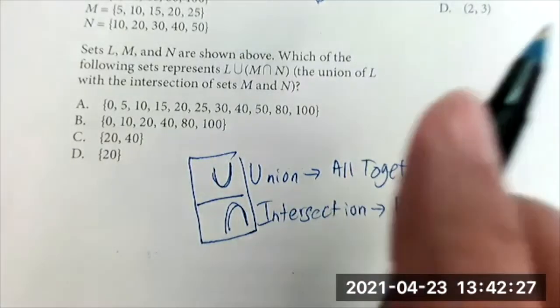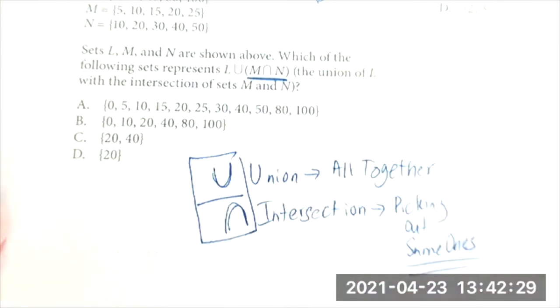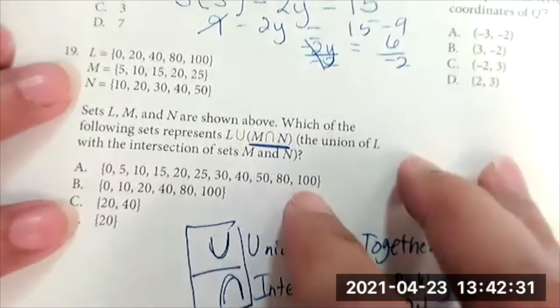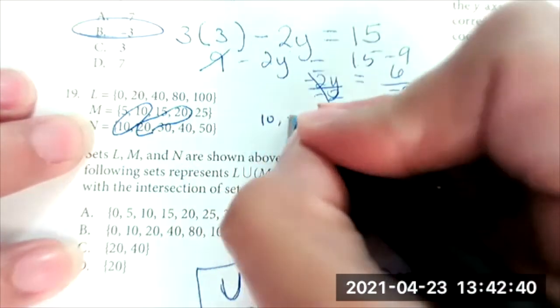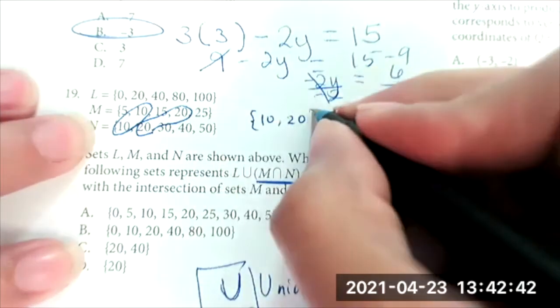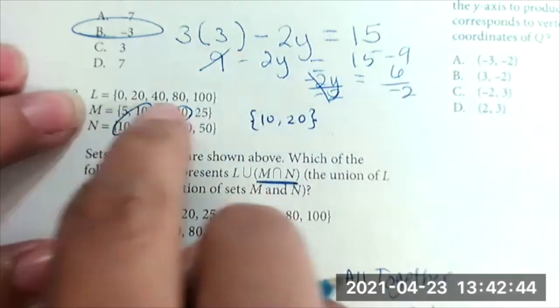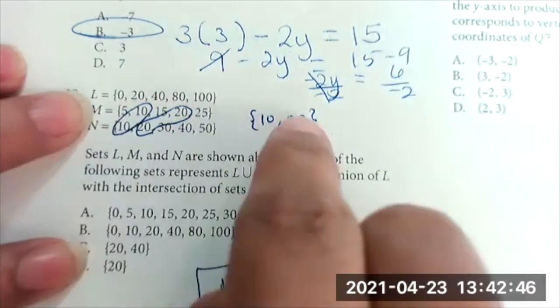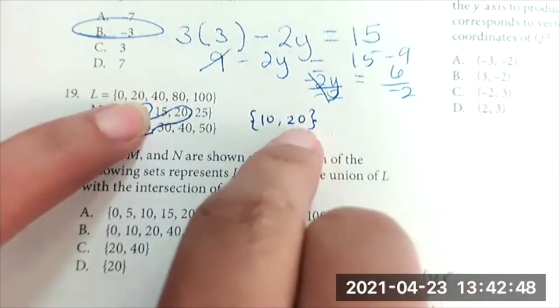So this is in parentheses, we're going to do the intersection first. And the intersection of M and N is 10 and 20. And that's it. 10 and 20. And then you're going to add all these other ones. If they intersect, if they are the same, then you just put it once.